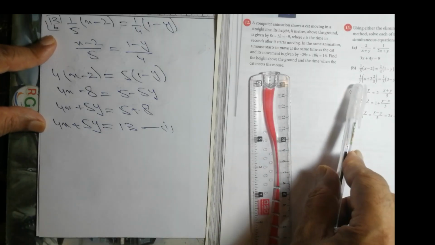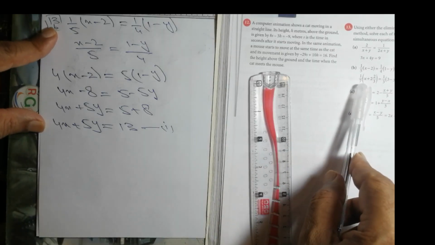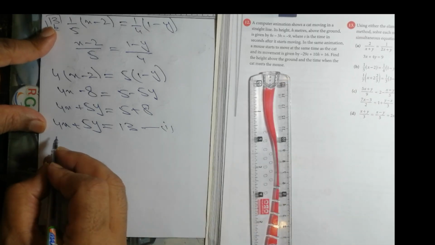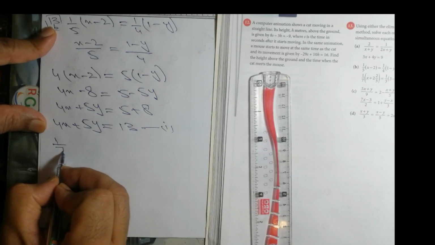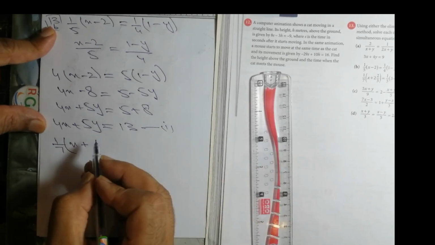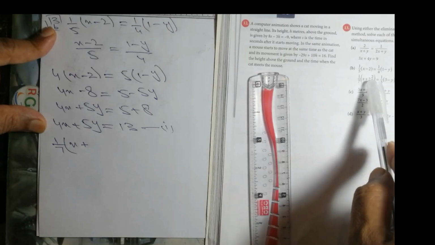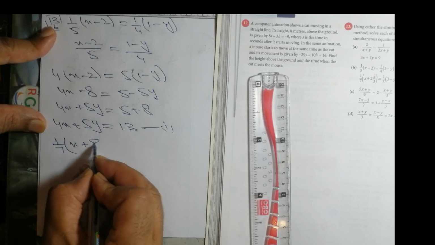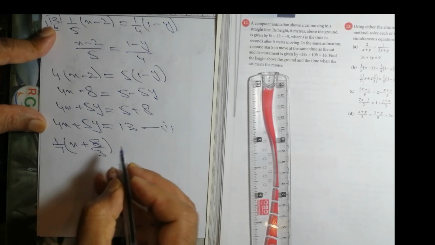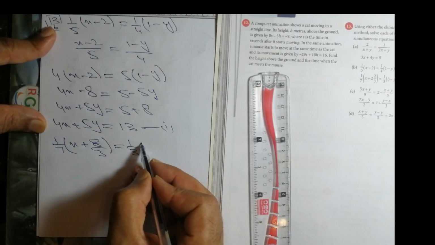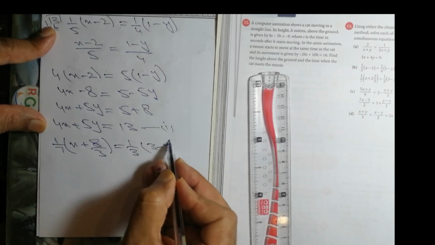And here in part B, we also need to arrange the second equation, that is 1 by 7 into x plus 2 whole 2 by 3. We can change into improper, 2 3s are 6, plus 2 is 8, this is 8 by 3, and equal to 1 by 3 into 3 minus y.